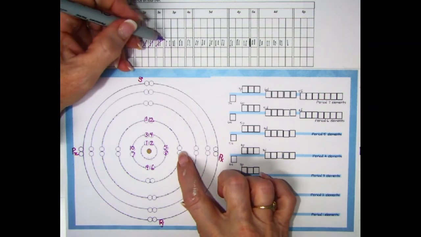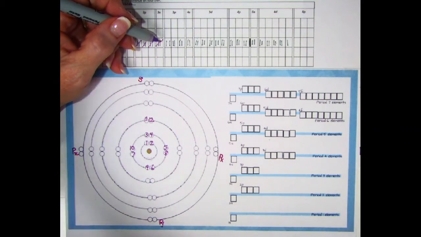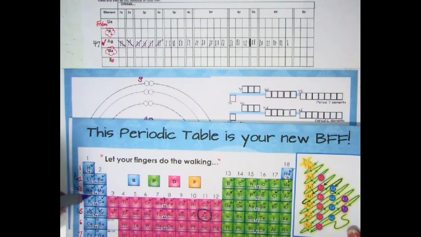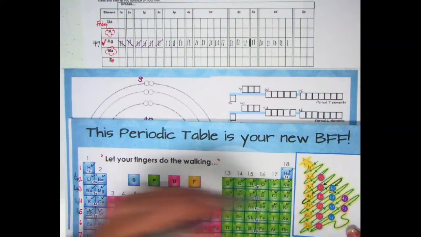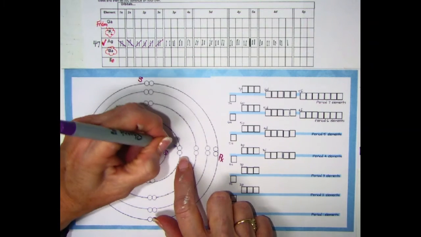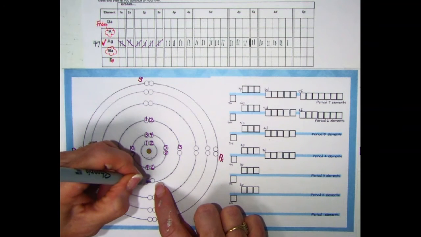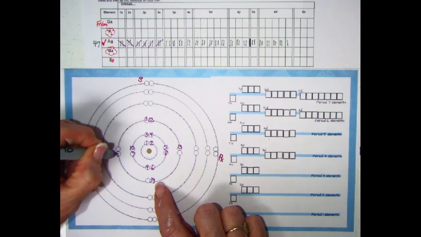Let's go to our three P's as we go across the periodic table. If you need to see the periodic table again, here we are with sodium and magnesium, and we're moving our way over to aluminum through argon. So aluminum, silicon, oopsie, almost put in the wrong spot.